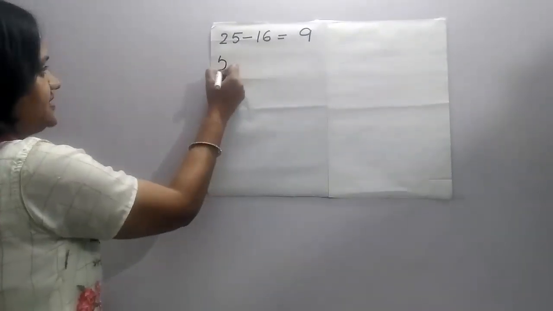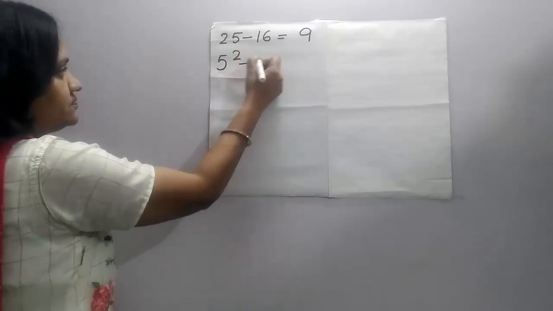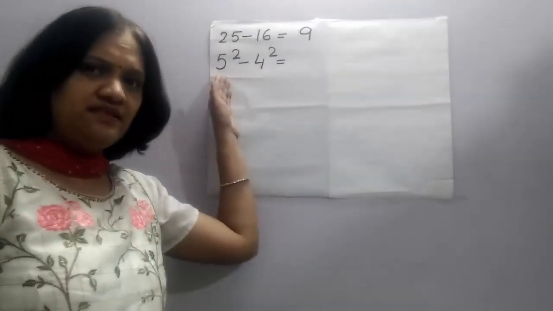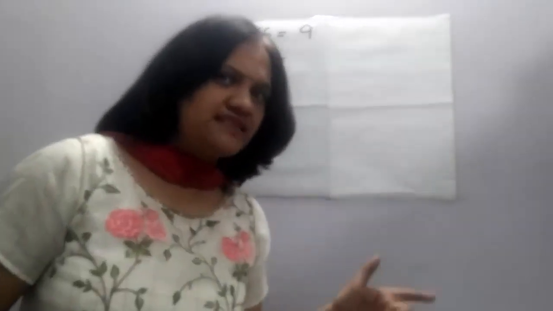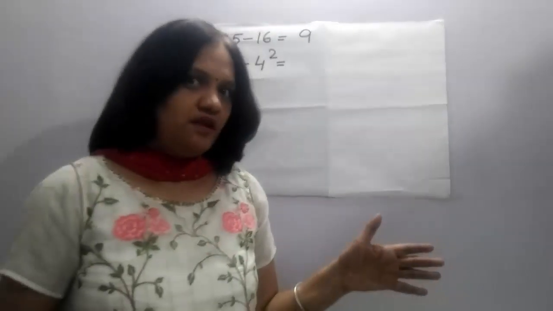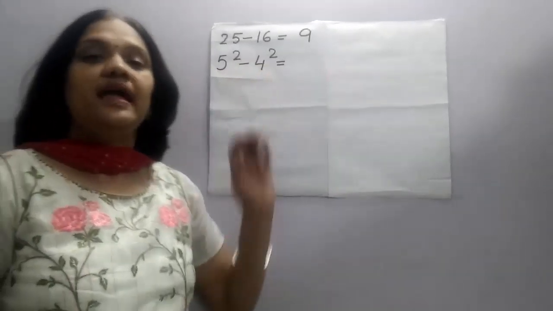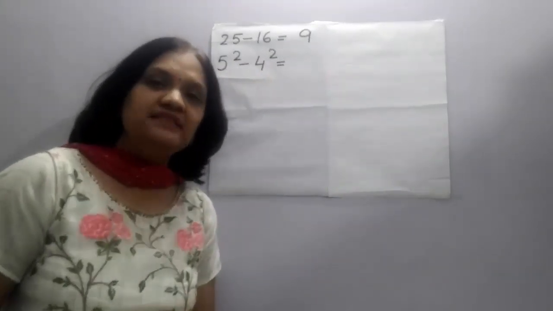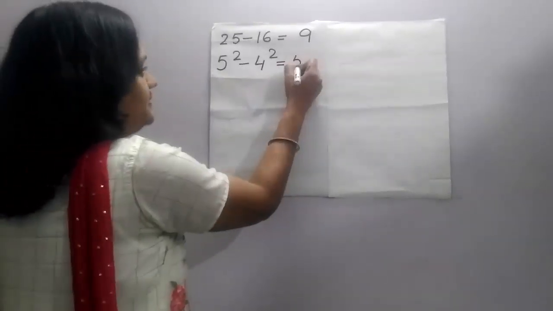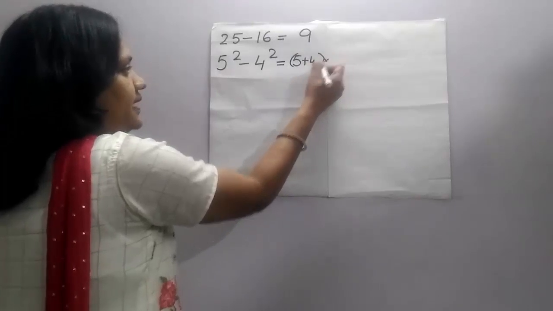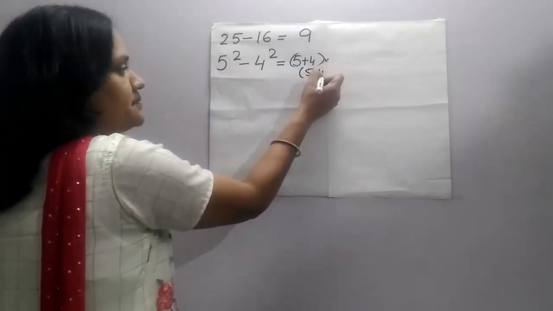You have studied a formula in algebra which is similar to this. Which formula is that? Can you tell me? The formula is a square minus b square. A square minus b square is a plus b into a minus b.